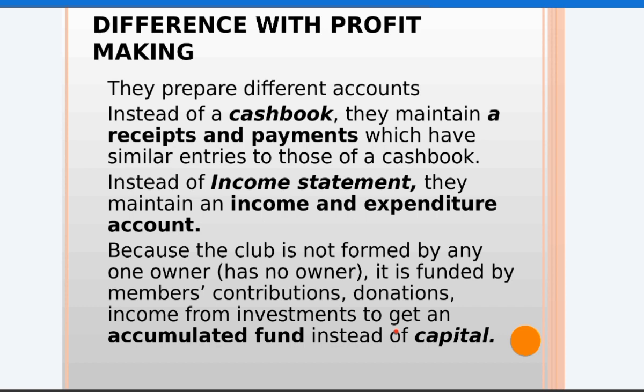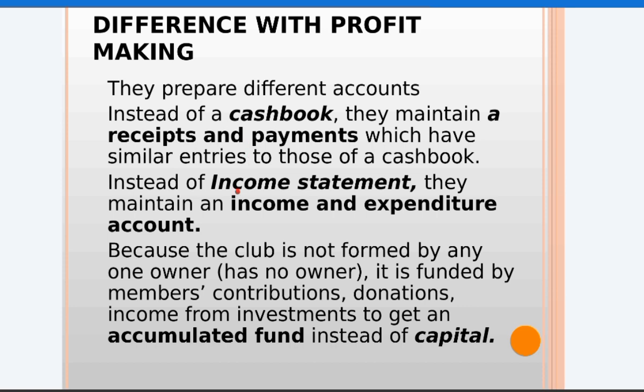Therefore, you will find that instead of preparing a cash book, non-profit organizations will maintain what we call a receipts and payments account. So a cash book in this case is equivalent to a receipts and payments account in the books of a non-profit making organization.